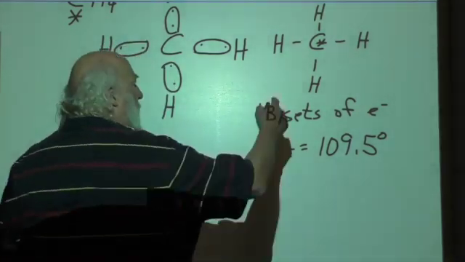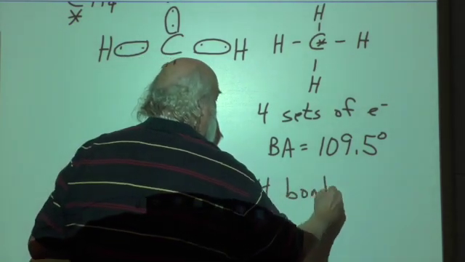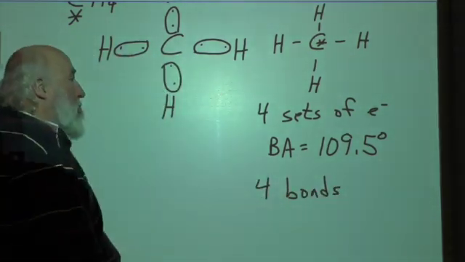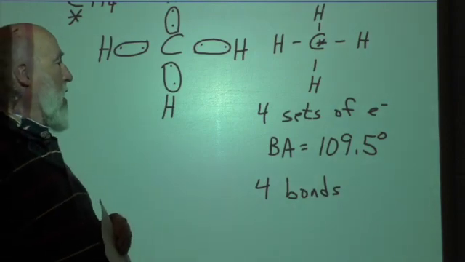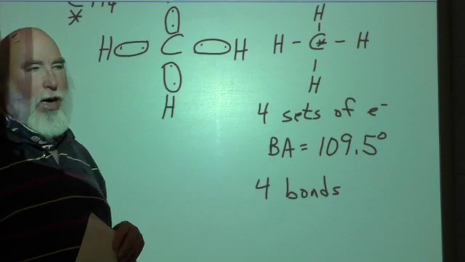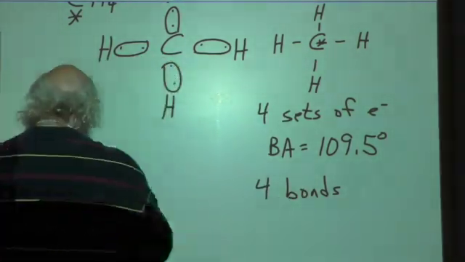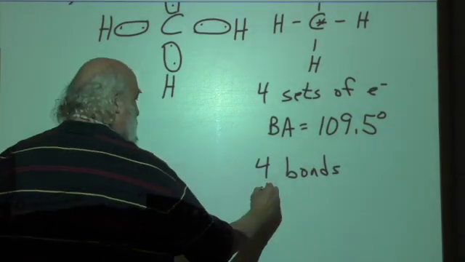All right, now, how many bonds do we have? We have 4 bonds. And when you have 4 bonds, you have that geometric shape that I was showing you. But that is called a tetrahedron. So the shape is considered to be tetrahedral.